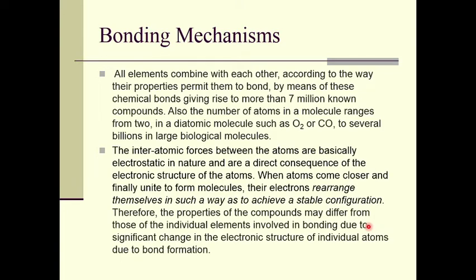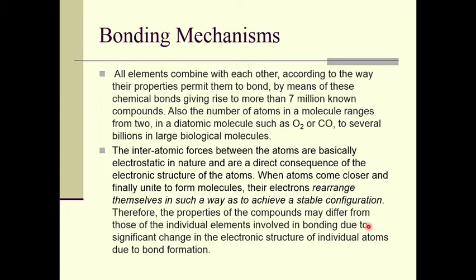So these interatomic forces between the atoms are basically electrostatic in nature, right? And they are a direct consequence of the electronic structure of the atoms. So how the electronic configuration of the atom will give rise to different interatomic forces.